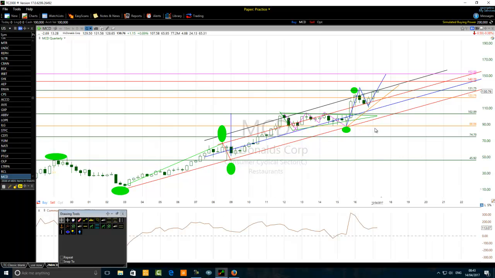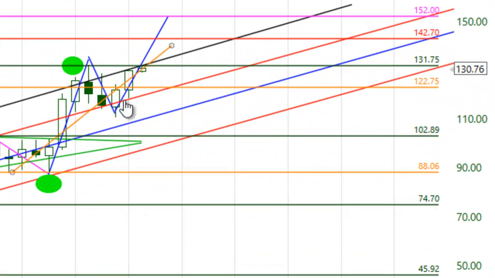So using the length of the third Elliott wave, I project it to the low. I can expect the fifth Elliott wave to come to $142.70.